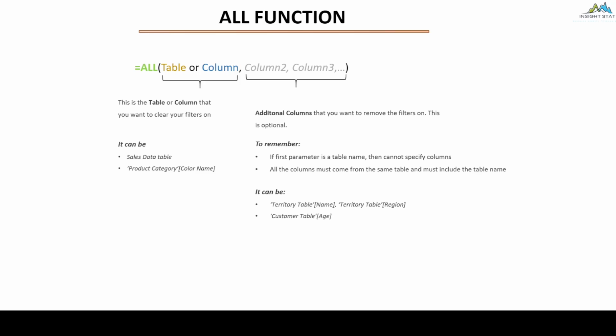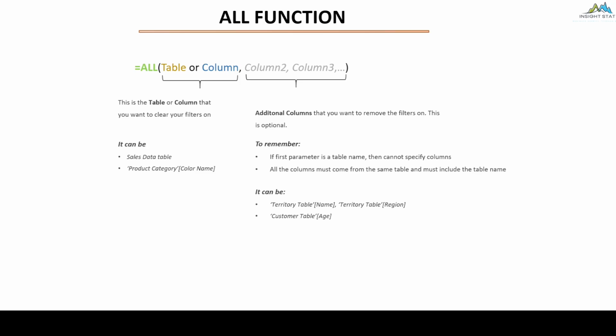Now the very important thing to remember here is, if the first parameter is a table name, you are applying all, or you are taking off the filter from an entire table, then we cannot specify columns. And if we are specifying columns, we must ensure that all the columns come from the same table, and it must include the table name, which is very, very important.